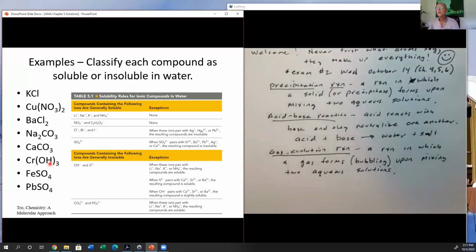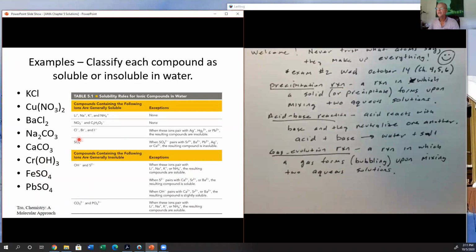Chromium hydroxide. Insoluble. Correct, insoluble, because hydroxides are generally insoluble, because they're on the bottom half of this chart, right? And chromium is not one of the exceptions, so that means it's insoluble. Very good. Iron sulfate. Soluble. Insoluble? So the correct answer is it's soluble, right?